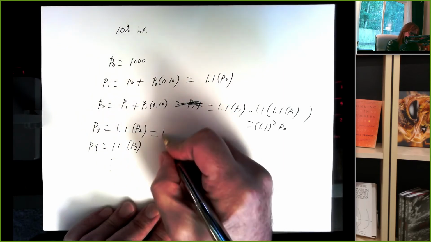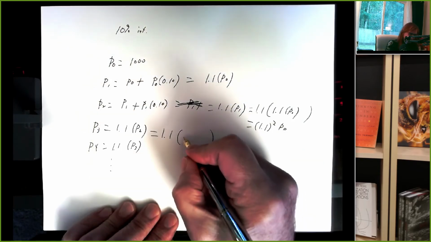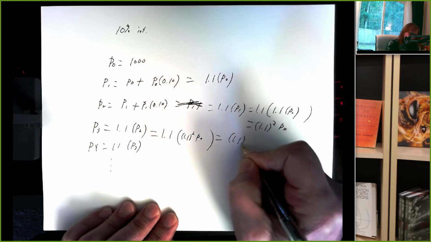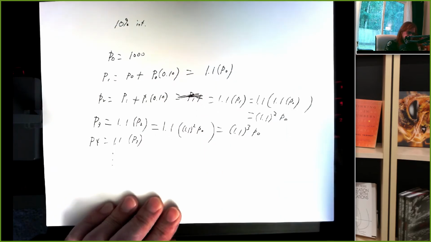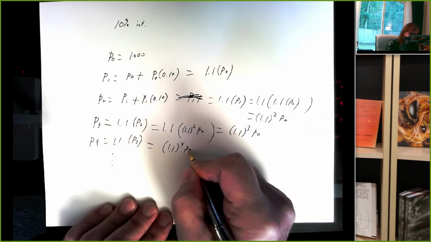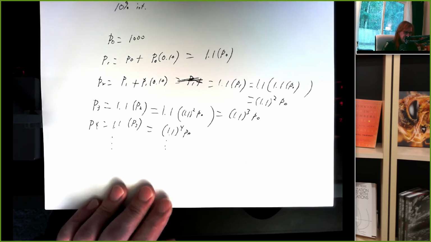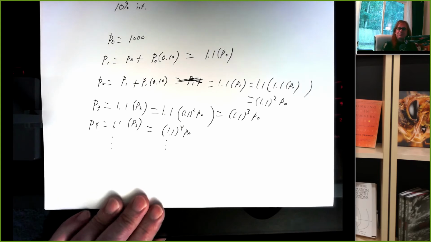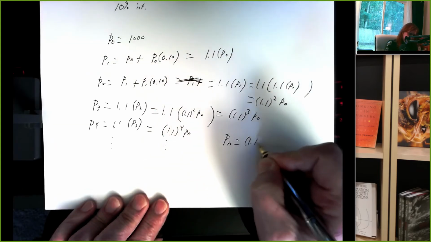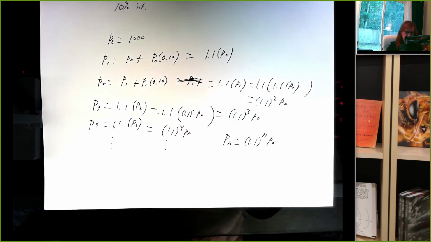P3 will be 1.1 times P2, and if P2 is 1.1 squared times P0, this is 1.1 cubed times P0. P4 will be 1.1 to the 4th times P0, and so on. And so you could find an explicit formula for how much money you have after n years, which is something like 1.1 to the n times your original investment, P0.